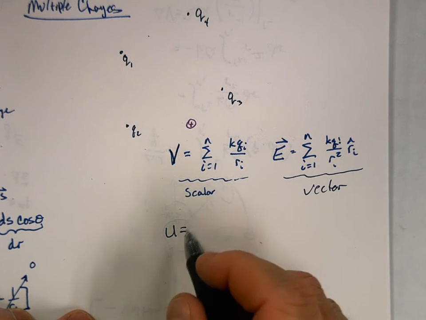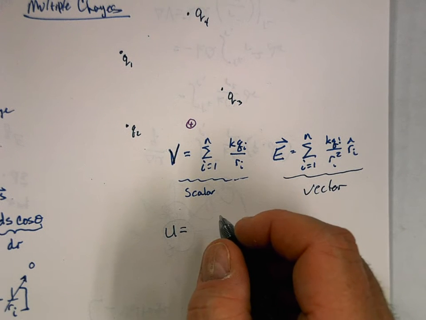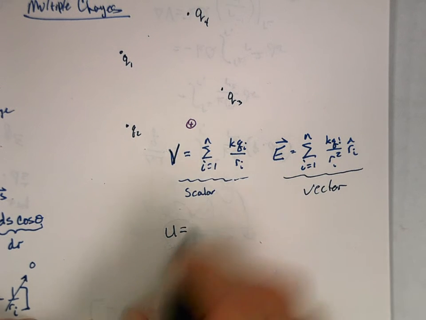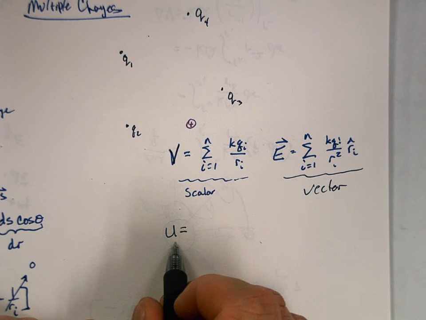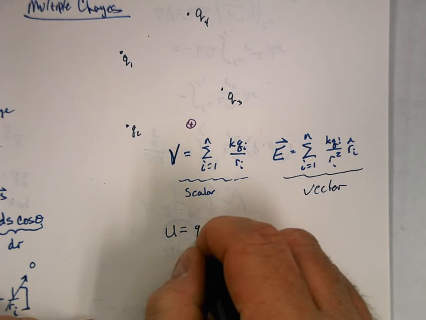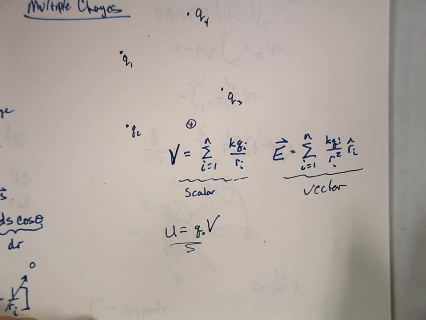But it has sign, right? Sure, you can have different values of it, but that sign is based on an arbitrary position. So that U is whatever our test charge is times, and that also makes this a scalar quantity right here.